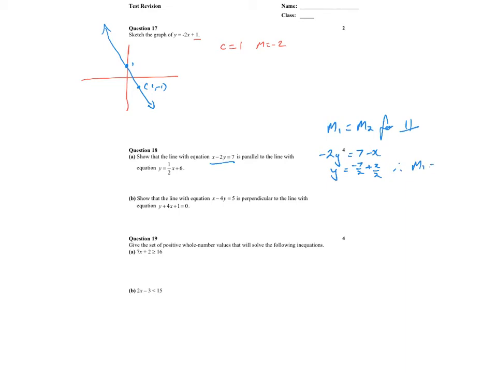Therefore, M1 is equal to a half. Remember, it's a half, not x on 2. Gradient 2, M2 is equal to a half. Therefore, parallel, since M1 equals M2, which is equal to a half. Okay, what about perpendicular?